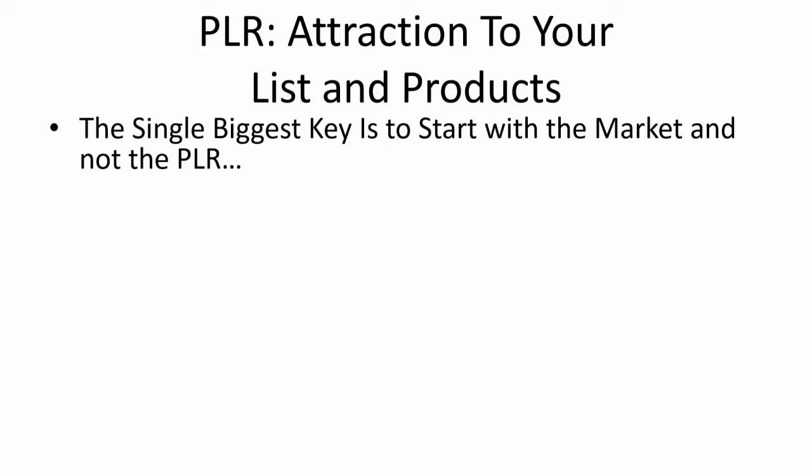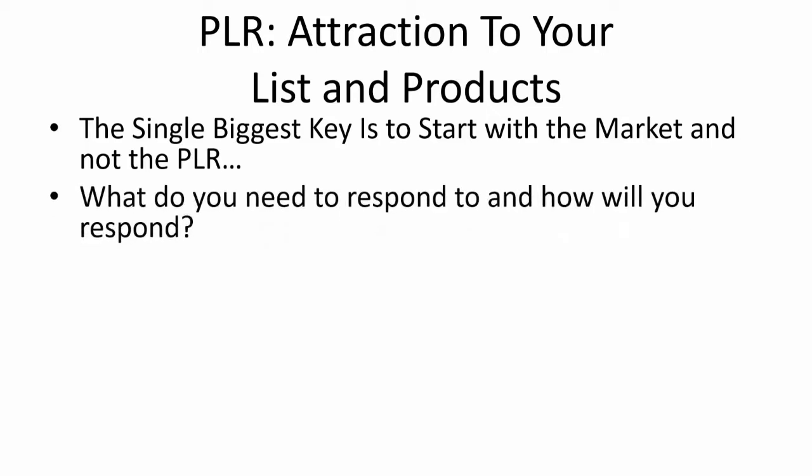Because that is the way that you're going to be able to take whatever you have on your hard drive, whatever you have in your inventory, and adapt that to the market and have a sellable product, even if you have to change the PLR. And so the question is going to be, what do you need to respond to the market? And how will you respond?